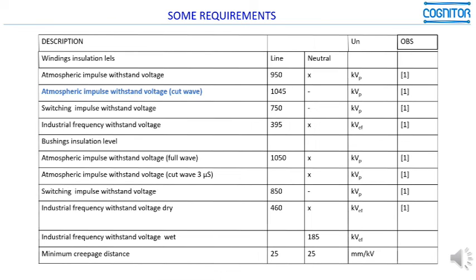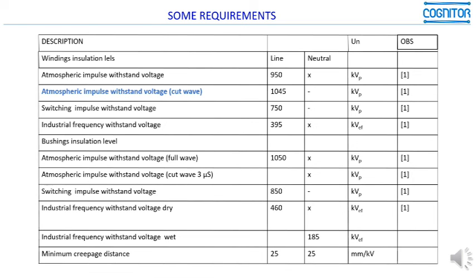basically composed of two exponentials. Let's say the impulse waves we are used to seeing, like 1.2 by 50 microseconds, the shape of these waves. But many times, when you have this shape, and it's easy to imagine this impulse coming through the line, and when it arrives at the lightning arrester, in some point in the initial part of the curve or in the second part of the curve, it's cut by the lightning arrester.